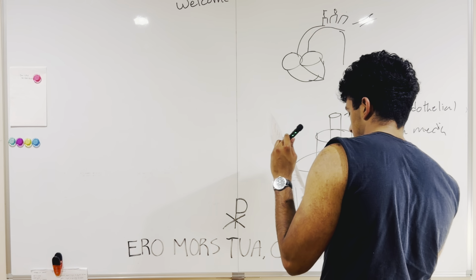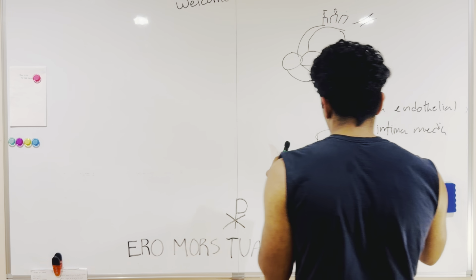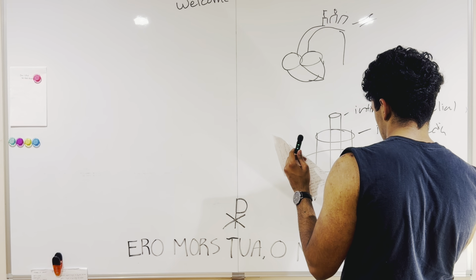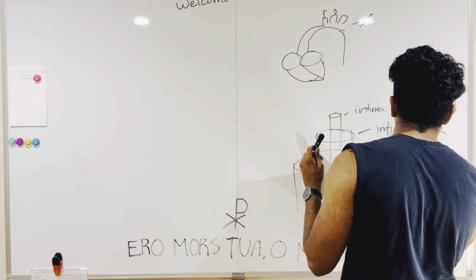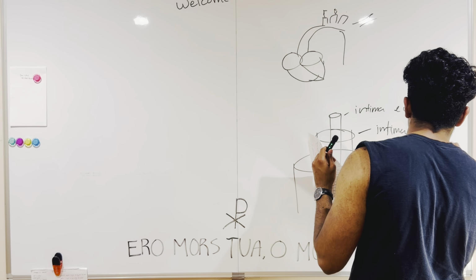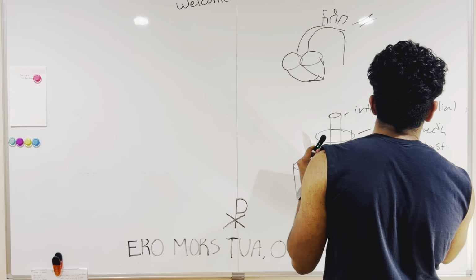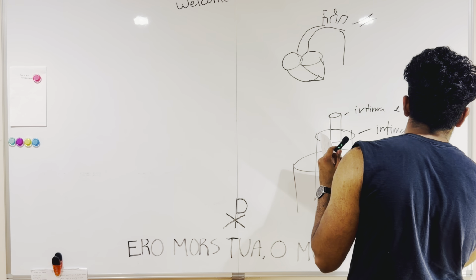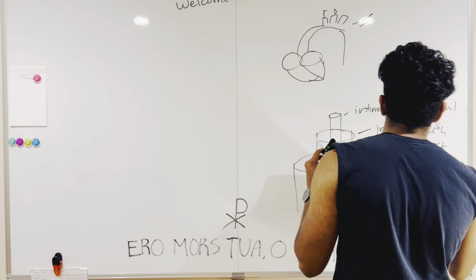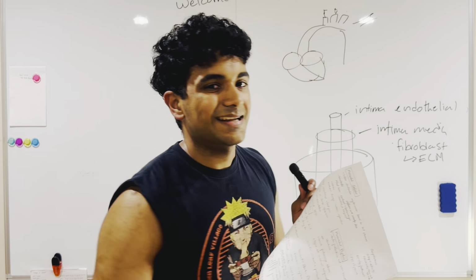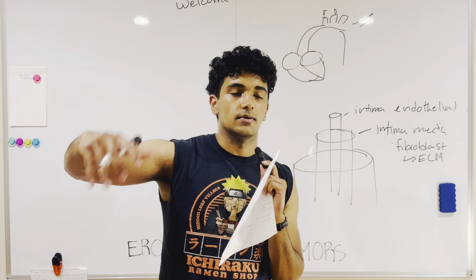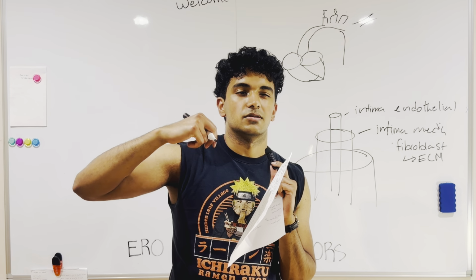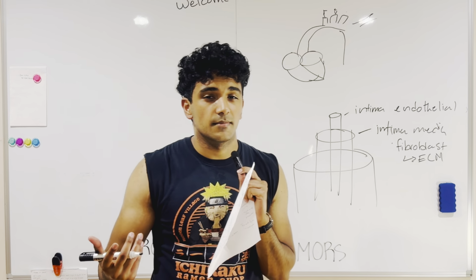And this is the smooth muscle and elastic fibers. This also includes fibroblasts, which is a cell type that secretes an extracellular matrix. It's like this liquid, sort of gelatinous substance is always how I've thought about it.